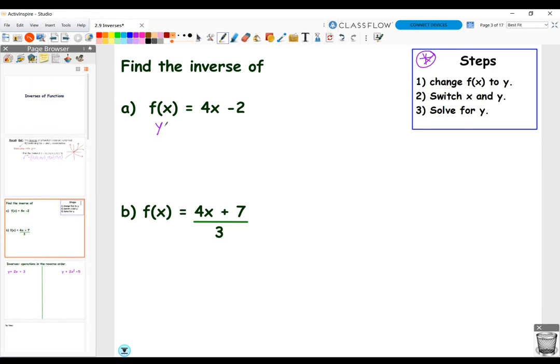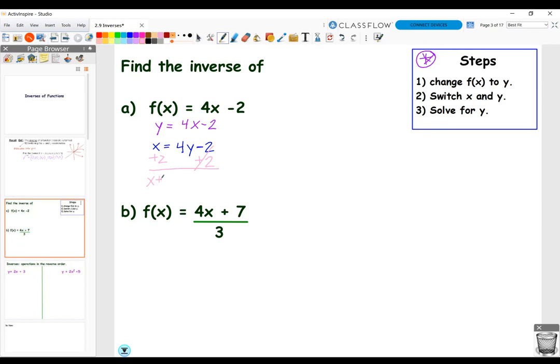So the first step is I'm going to change my f of x to a y. All right, and I'm going to color code this. Step 2 is to switch the x and the y. And step 3 is to solve. So let's go pink. We're going to solve just like we would for any equation. The only difference is we're solving for y.